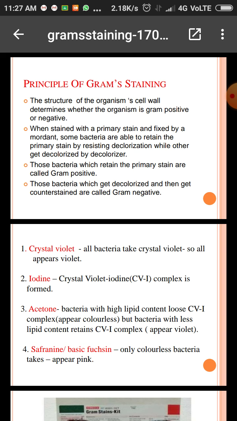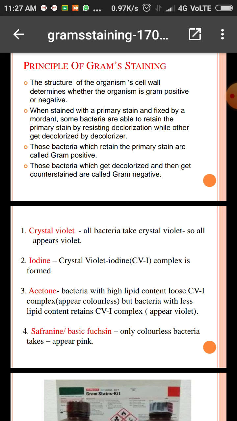So it forms a crystal violet iodine complex. So when you apply decolorizer, that is acetone, gram positive bacteria retains the crystal violet iodine complex, whereas gram negative bacteria gets decolorized because of thin peptidoglycan.